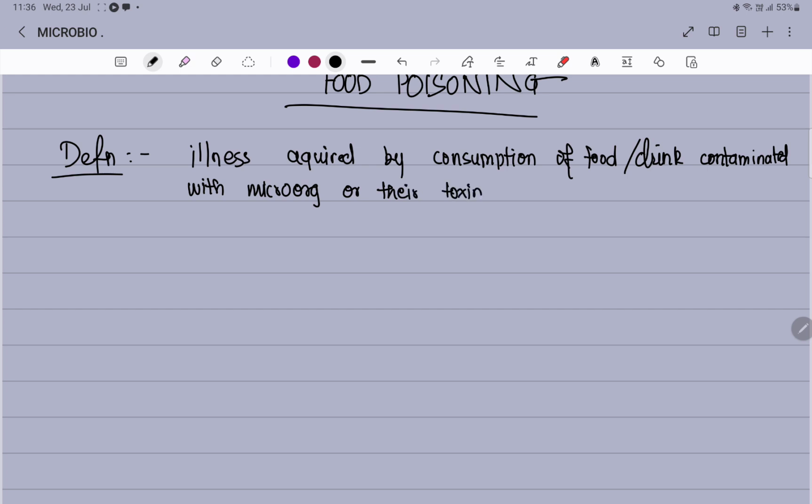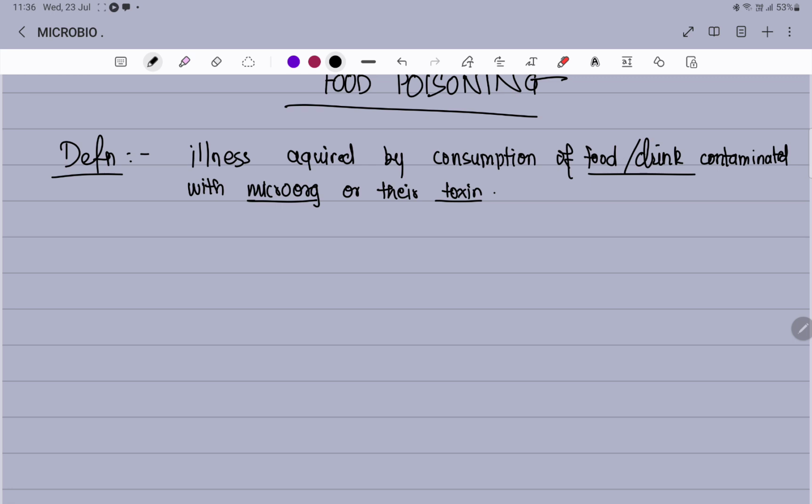This is a basic definition. Any food or drink which is contaminated by a microorganism or their toxin which is present in that food. This commonly results in diarrhea, vomiting, and other GI symptoms. We'll study more about it.